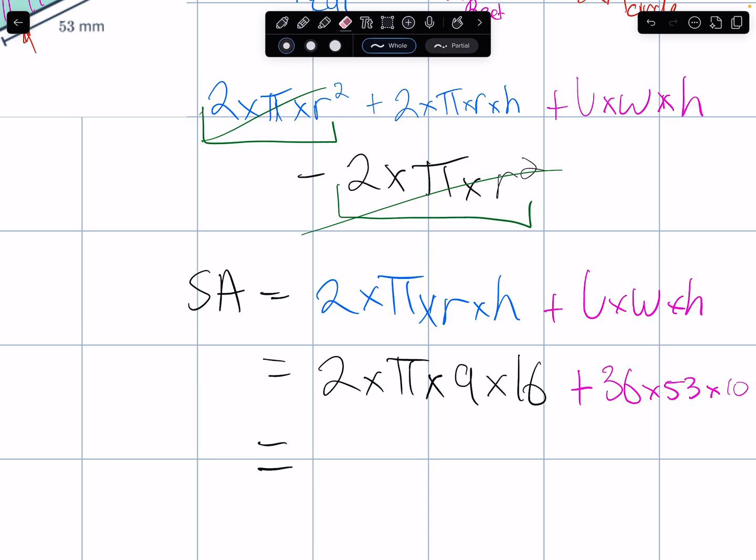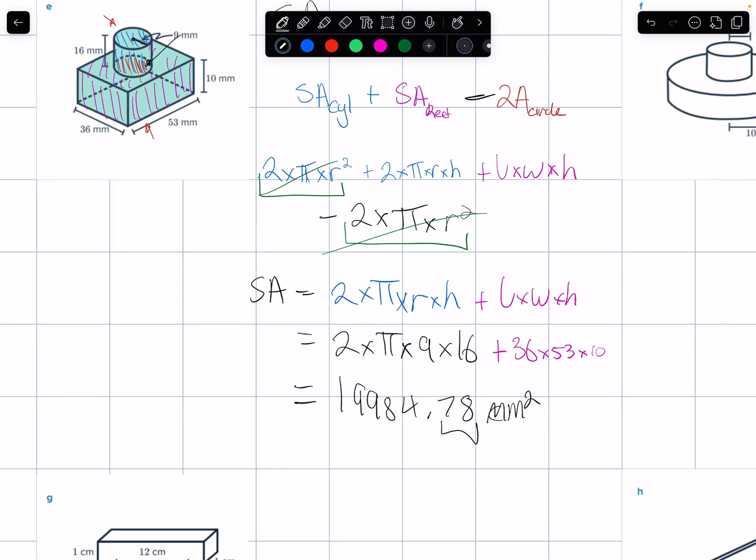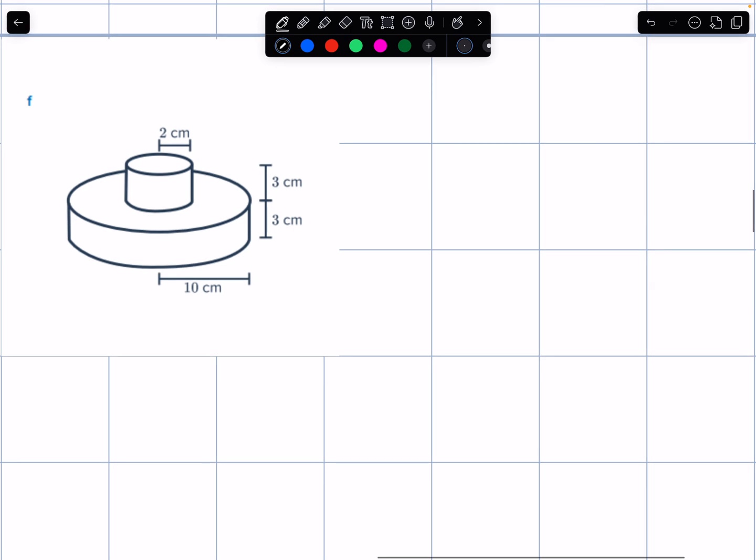Times 10 is equal to 19,984.78 millimeters squared. Now I rounded to 2 decimal places. This is actually 778, but we round up. Awesome. Very, very similar problem.